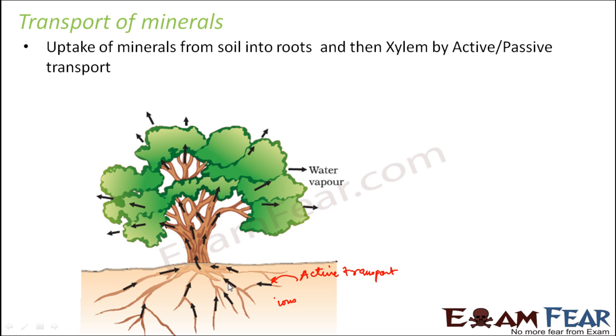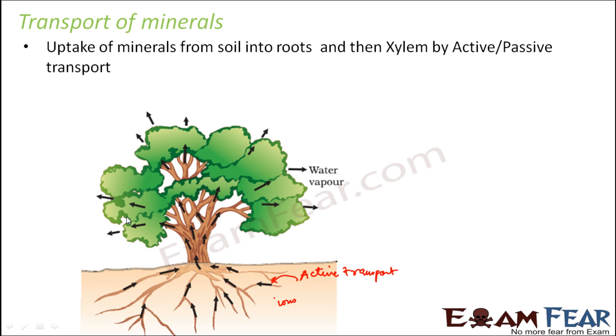However, some specific minerals which are allowed to pass through the membrane, which are not hydrophilic in nature, can move in through passive diffusion, depending on the type of minerals we are talking about. By any of these means, these minerals can enter into the roots. Once they have reached the roots, they can also be carried by water as dissolved substances by the same process as water was transmitted.